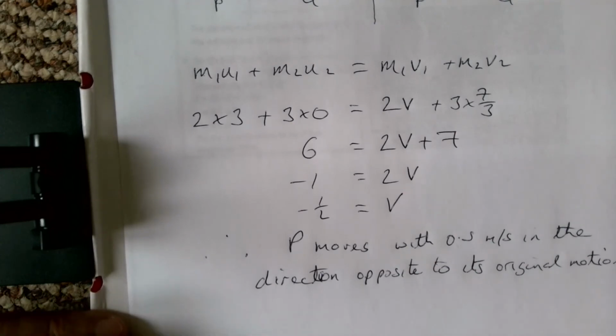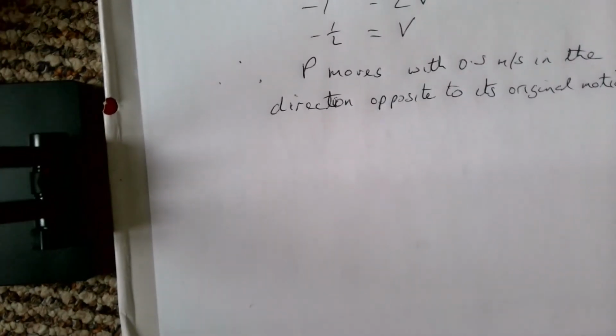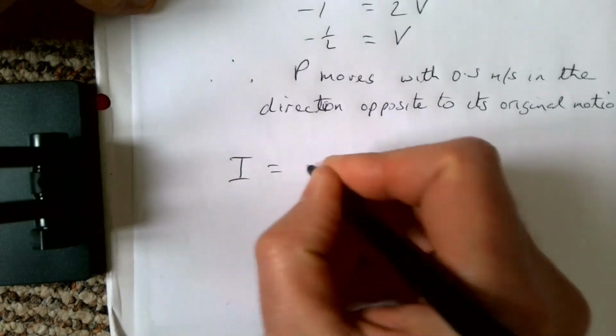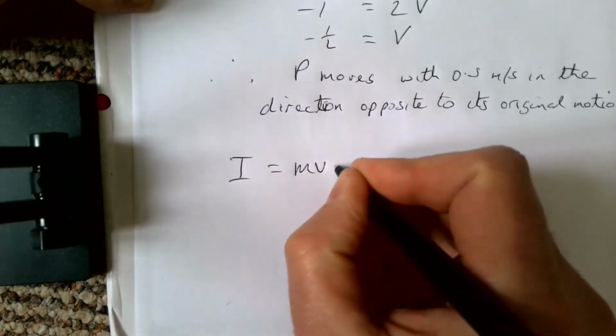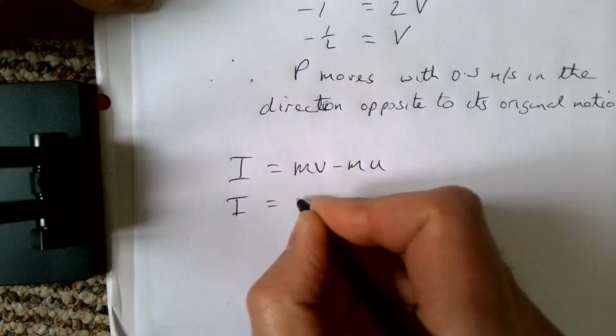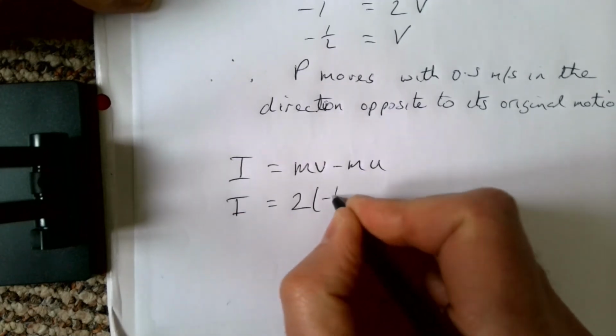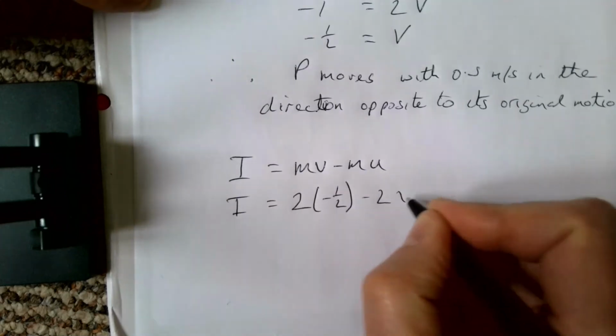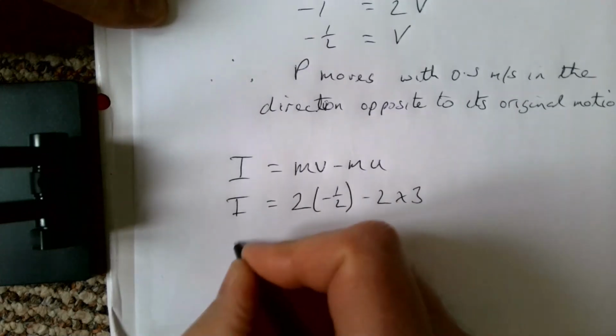Part B says the magnitude of the impulse received by P in the collision. So we're only dealing with P here. So impulse is change in momentum. So I equals 2 times minus a half, because that's the speed it was going after, minus 2 times 3.